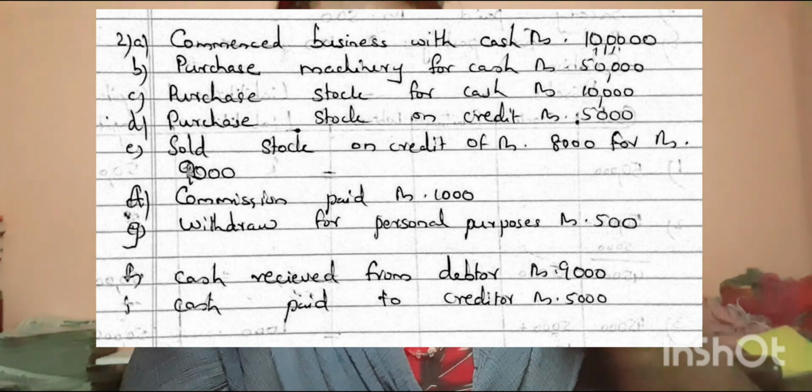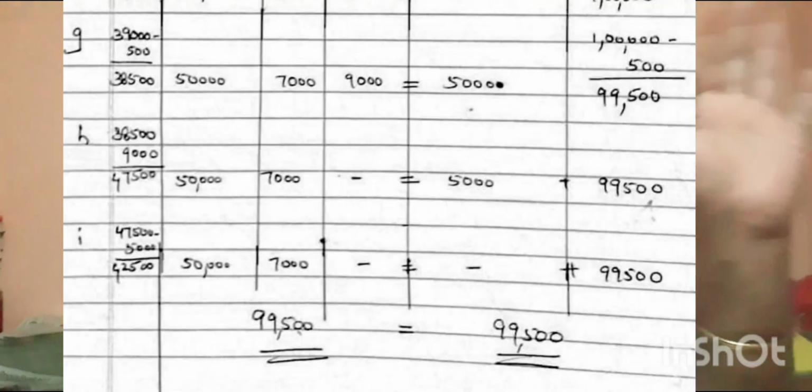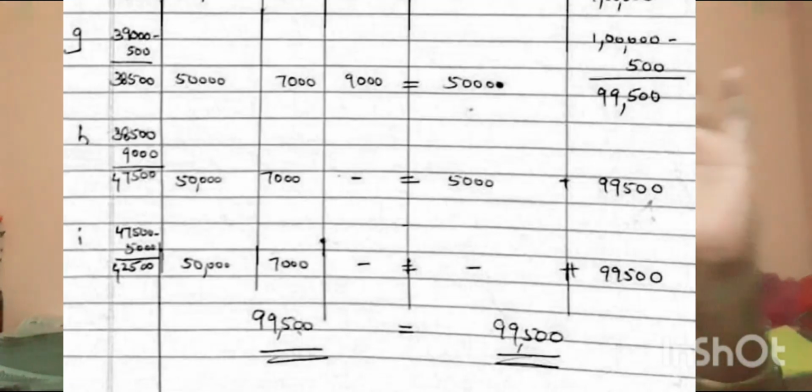Then the last one, cash paid to creditor, that is, we purchased stock on credit basis, there arises the liability, then we pay that cash, so the cash will be reduced and the liability will also be reduced. This is the change in this transaction. In this way the equation should be shown, that is, we understand the transaction and what change has taken place in that transaction, in cash, stock or any other assets, and in the liability and capital. In this way the equation should be shown.